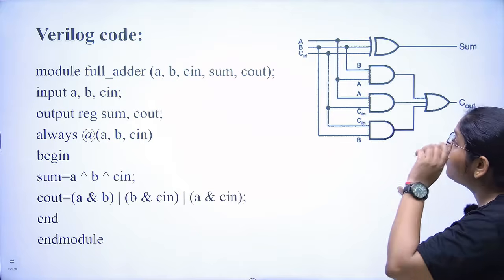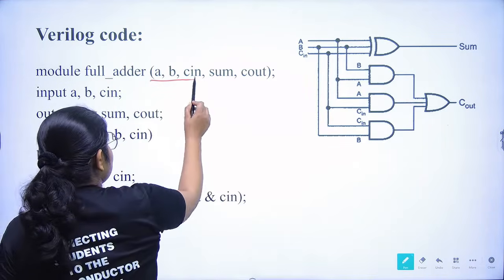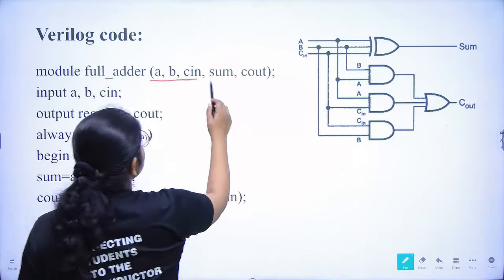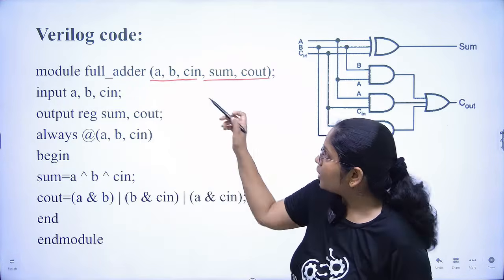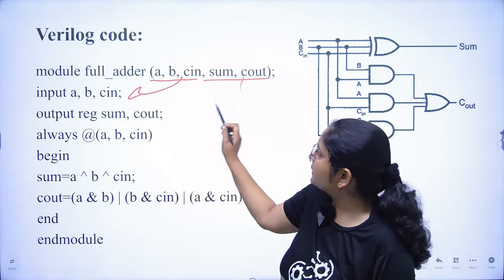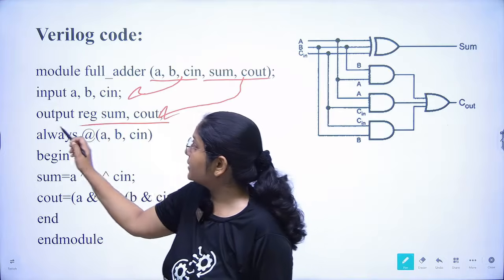Now what we have to do? We are making a full adder and we have A, B, C as inputs, and sum and C out as carry and sum. Now we have declared these as input type, and sum and carry as output.